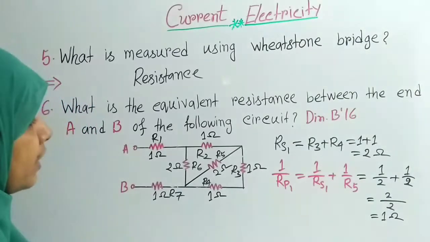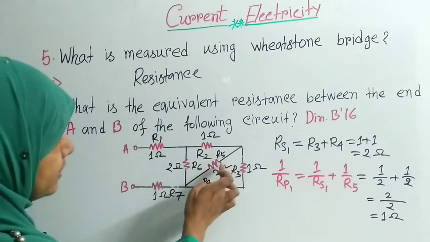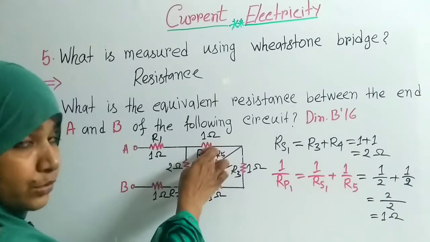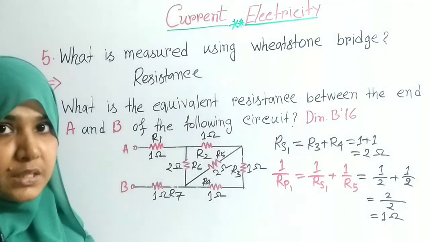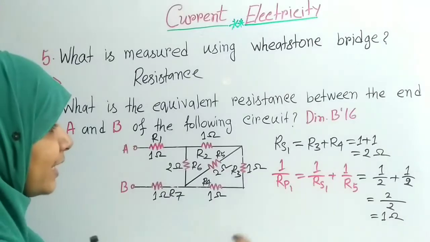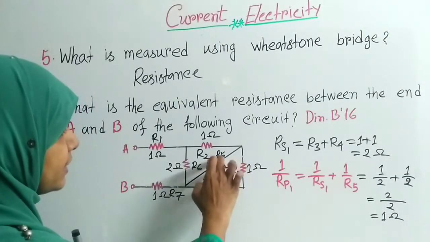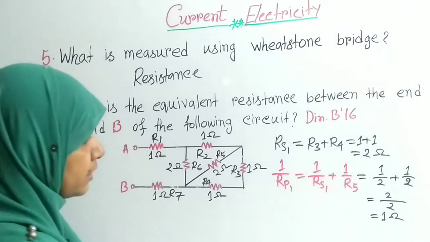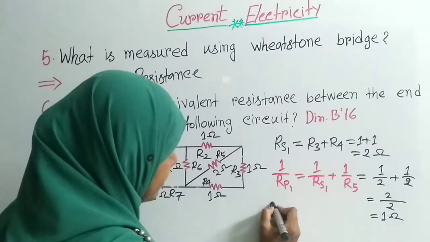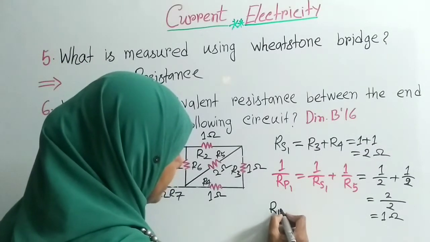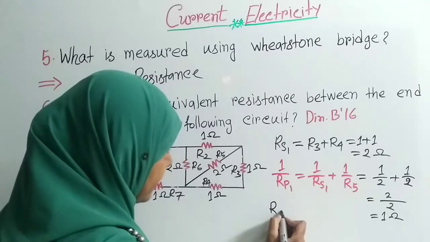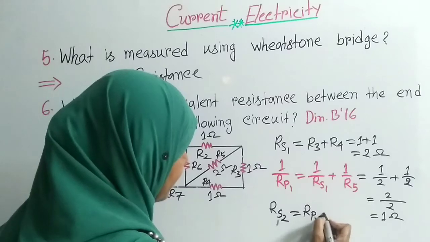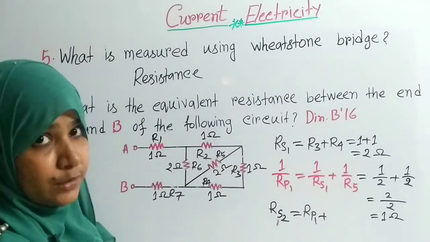Now here you can see that this Rp1 resistance is connected with the R2 resistance in series combination. So we can write that Rs2 is equal to Rp1 plus R2.